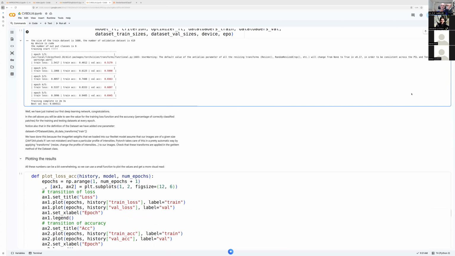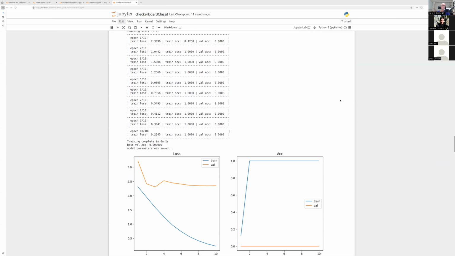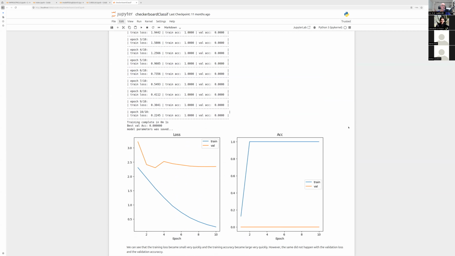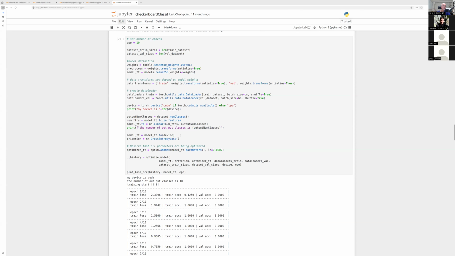Let me go a little bit into the nitty-gritty details, because we are finally ready for those. On the one side, I had this checkerboard classification thing. I'm not running it again, but last week we already saw this beautiful graph where we had trained, and now that we have seen all of those things, if you see here, I have the number of epochs, the data set, the weights, which are written in exactly the same way, the model, which is defined in exactly the same way.